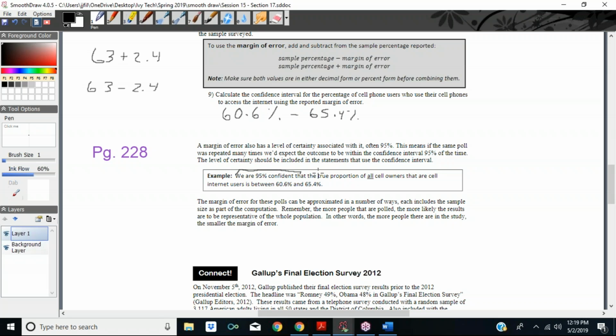And then we're going to say that the true proportion of all cell owners, so 95% confident, that if we interviewed everybody, then they would answer yes to the question, they're cell internet users, that percent of the time they'd fall within that range. 95% of the time, between 60.6 and 65.4% of the people would say yes.